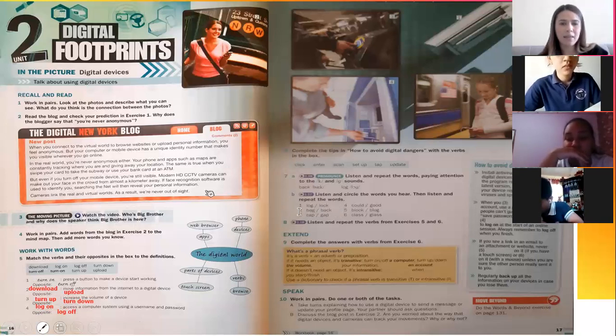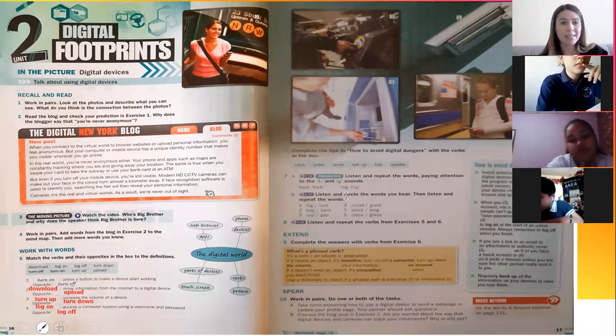If you read that as fast as you can, do you think that you are going to make a mistake with the pronunciation? Si lo leen un poco más rápido, ¿creen que cometerían un error en la pronunciación? For example, Iliana, try with 1, 2, and 3. Read as fast as you can. Lee tan rápido como puedas.